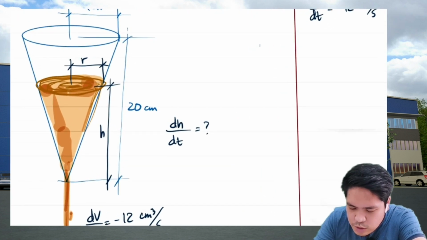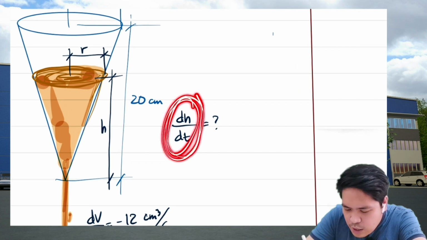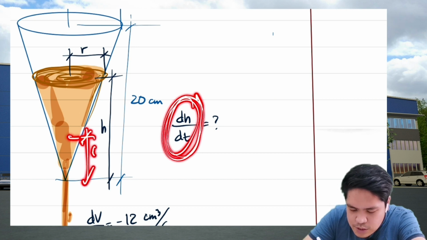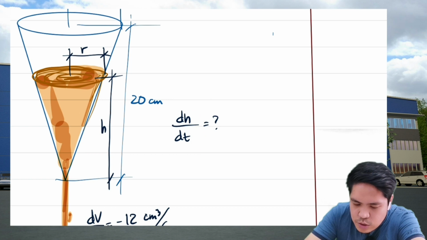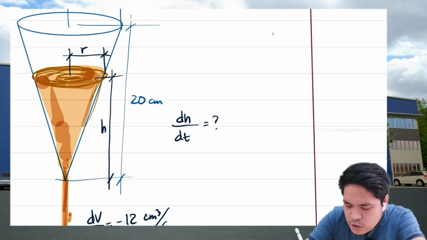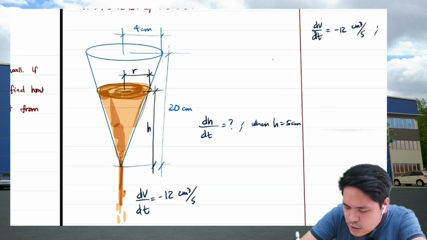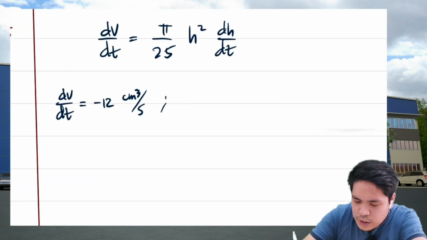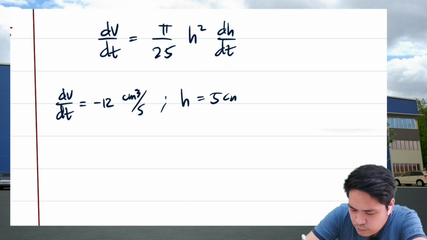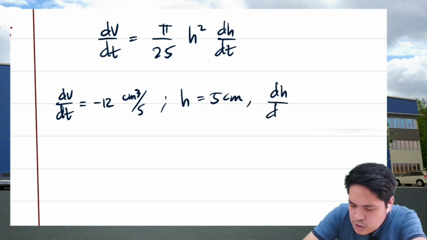So yung tanong is, gaano siya kabilis bumaba when the level is 5 centimeters na lang above the vertex? So meaning, the condition would be, what is dh over dt when h is 5 centimeters? So yun yung isosolve natin dito.